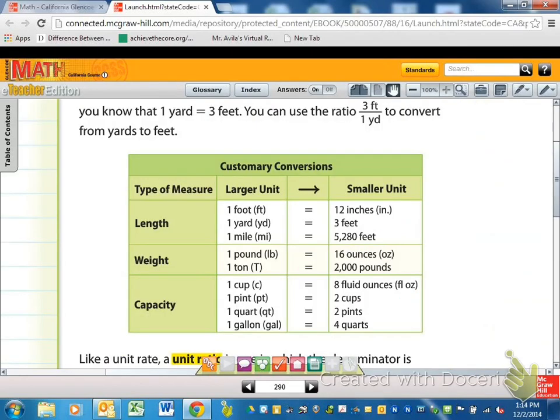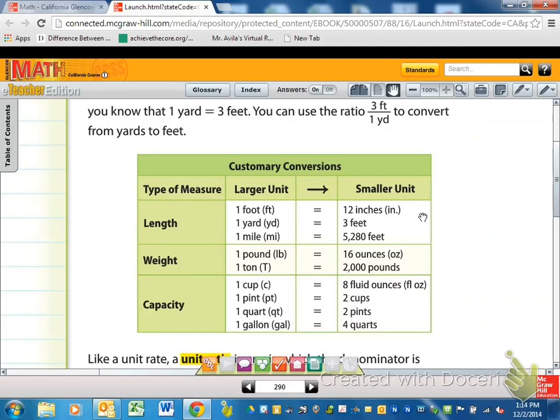So it's important that they use this chart. So when you're going from large to small, if I'm going from feet to inches, I'm going to write my ratio as 12 inches over 1 foot.